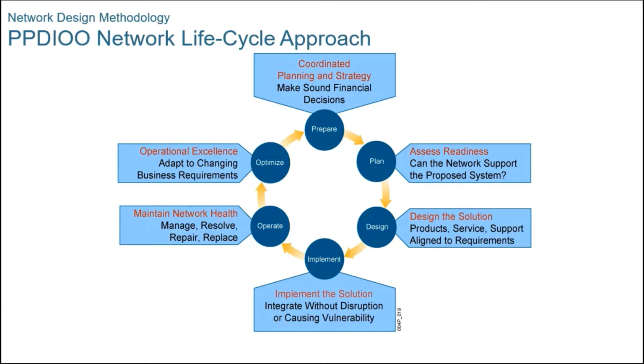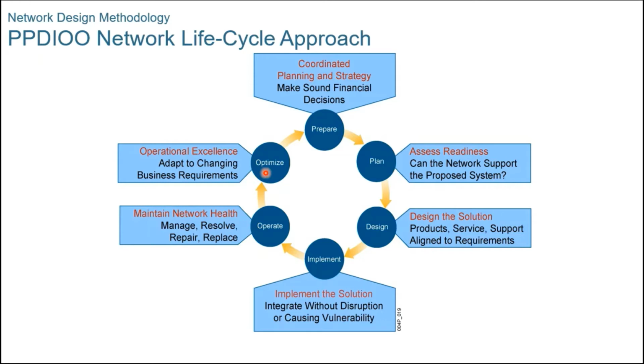So the operate phase involves maintaining network health through day-to-day operations, which might include reducing expenses. So the fault detection and correction and performance monitoring that occur in daily operations provide initial data for the initial considerations on the network lifecycle optimize phase.